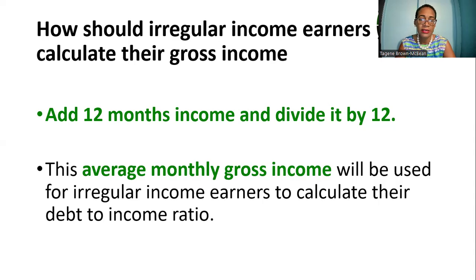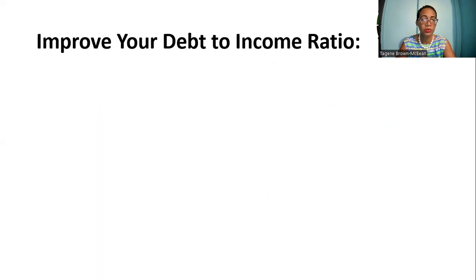So this is gonna give you an average monthly gross income. And you're gonna use this now to calculate your debt to income ratio. All right? All right, cool. So everybody on the same page now.